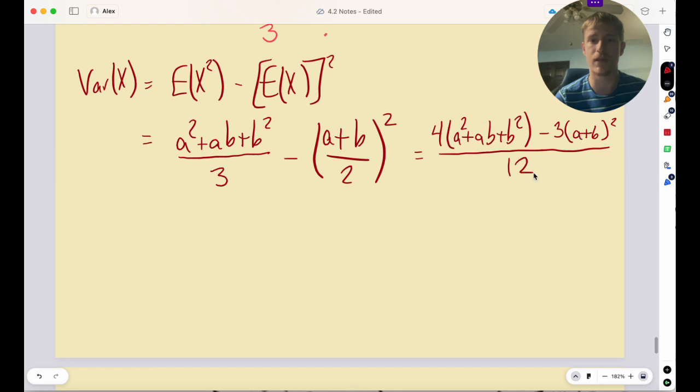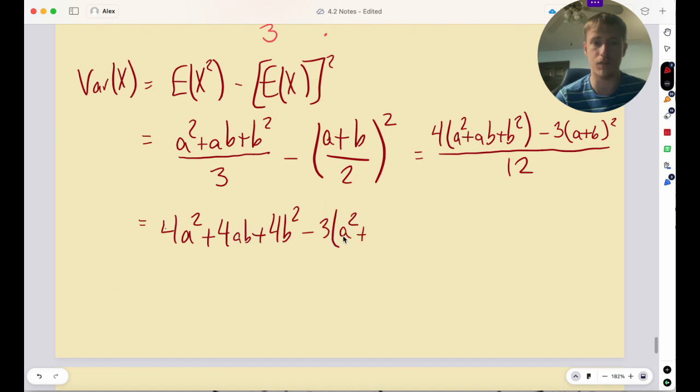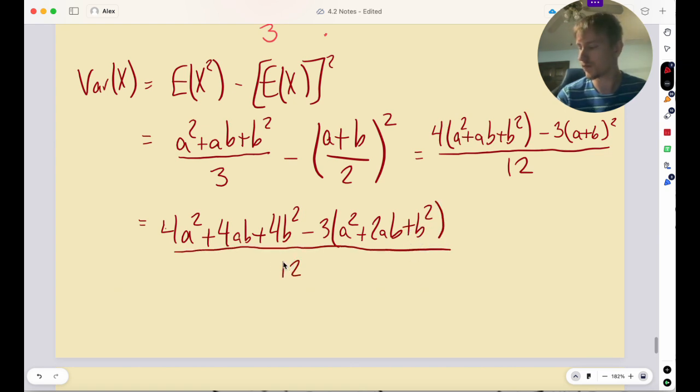And then when I figure that out, that's going to be 4a squared plus 4ab plus 4b squared minus 3 times a squared plus 2ab plus b squared, all over 12.